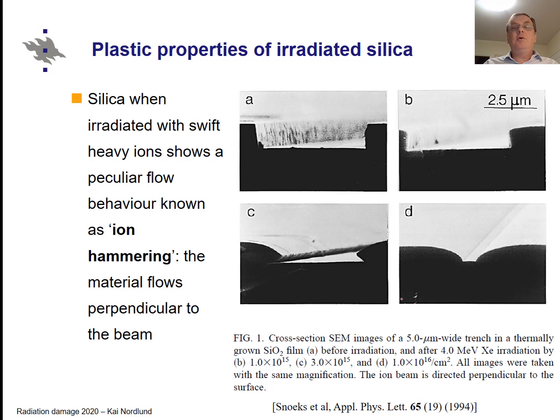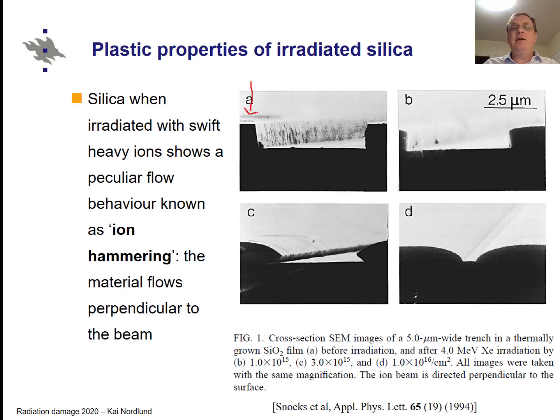Well, going on to other classes of materials, in ionic materials, ceramics, one can have another very interesting kind of mechanical response to irradiation. So what these graphs show is regular silica, SiO2, on a silicon substrate after 4 MeV xenon irradiation from the top.